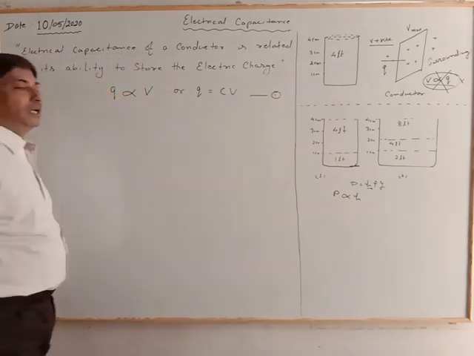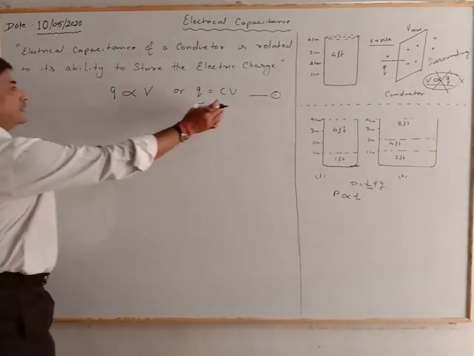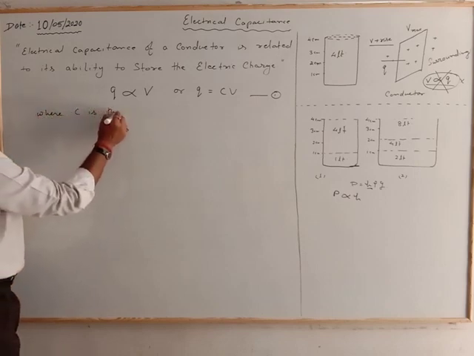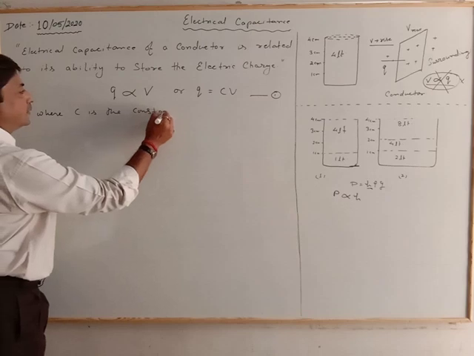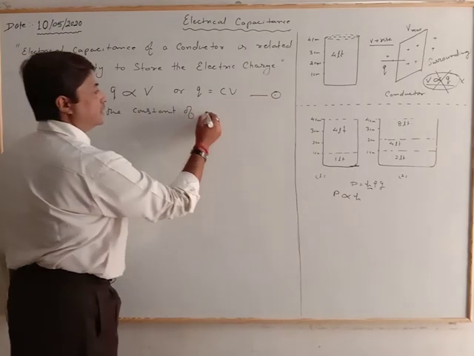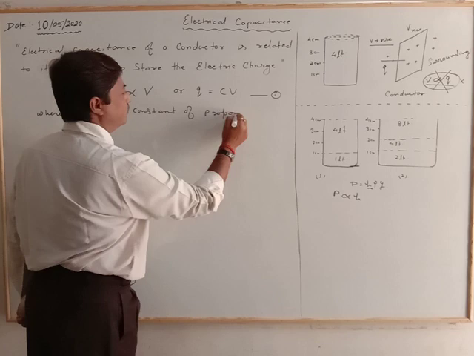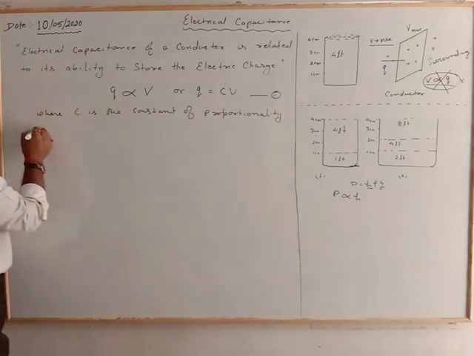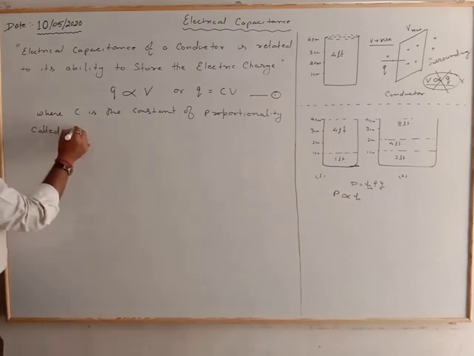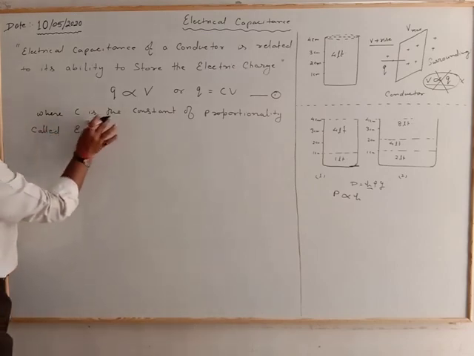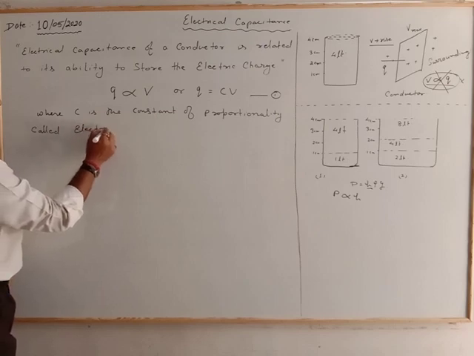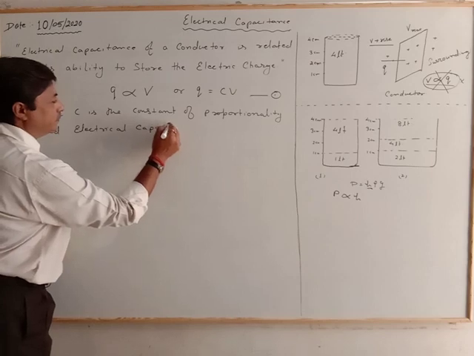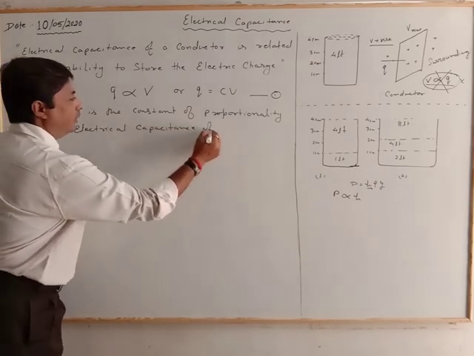Here C is the constant of proportionality, called the electrical capacitance of a conductor.